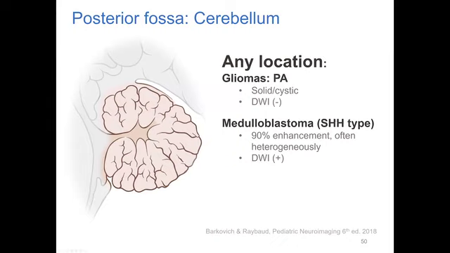They also tend to occur in the intraaxial location of the cerebellum. How do we differentiate this from pilocytic astrocytoma? Medulloblastomas tend to have 90% enhancement, and importantly, they show restricted diffusion on DWI. This can help guide the differentiation from pilocytic astrocytoma.